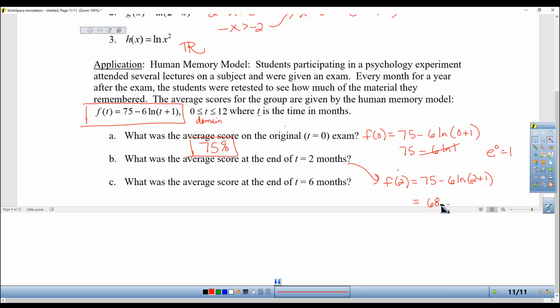It comes out to 68.4. And then at the end of 6 months, f of 6 is equal to 75 minus 6 ln of 6 plus 1, which again, I am sure most of you are not bothering to get out your graphing calculator. You're just going to wait and see.